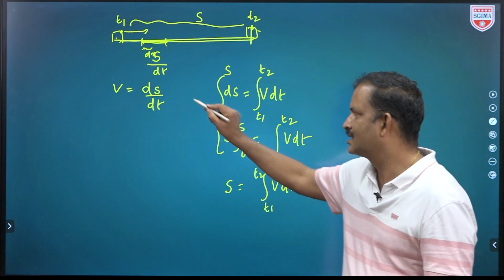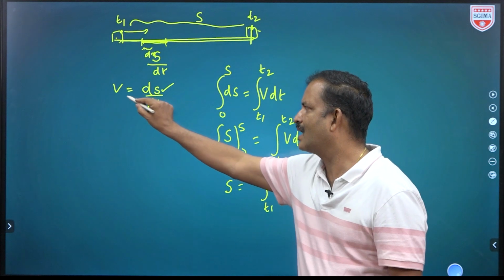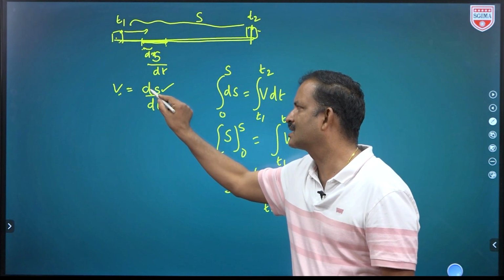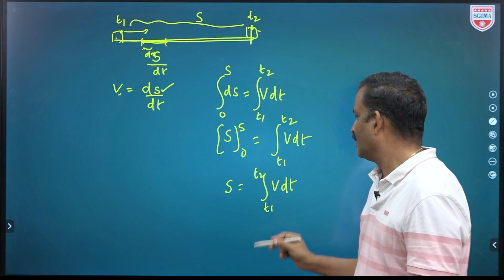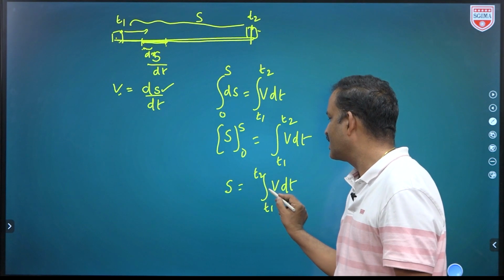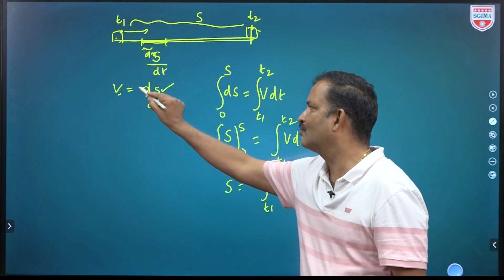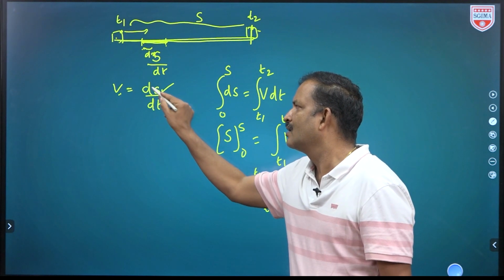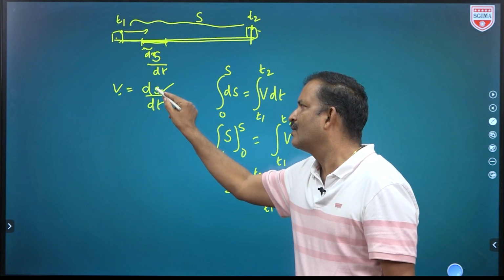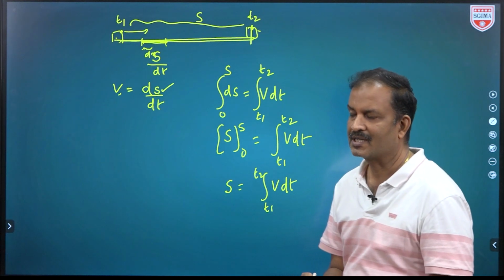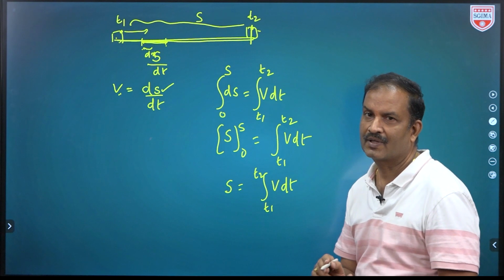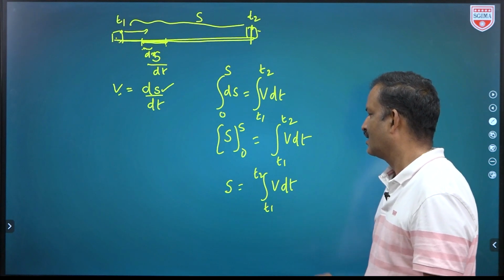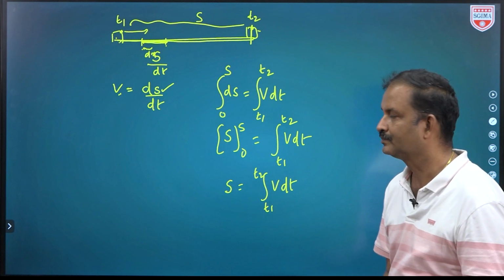So, displacement is given, instantaneous velocity is ds by dt. Velocity is given, displacement is by integration. For velocity, we have to do the differentiation of the displacement. For displacement, we have to do the integration of the velocity, v dt.